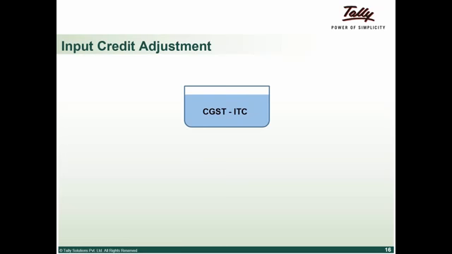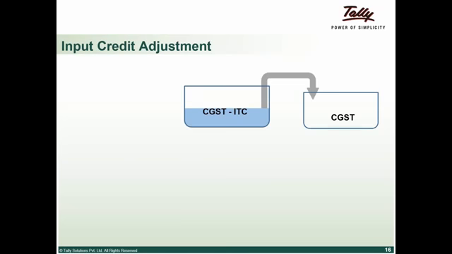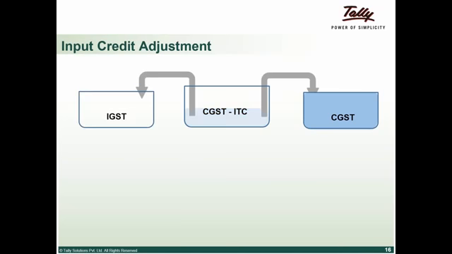Obviously I have to set off against my CGST liability, right? So I will set off against my CGST liability, and if there is additional ITC after setting off my liability, I can now set it off against IGST liability, right? This is the order that you need to set off your input tax credit.